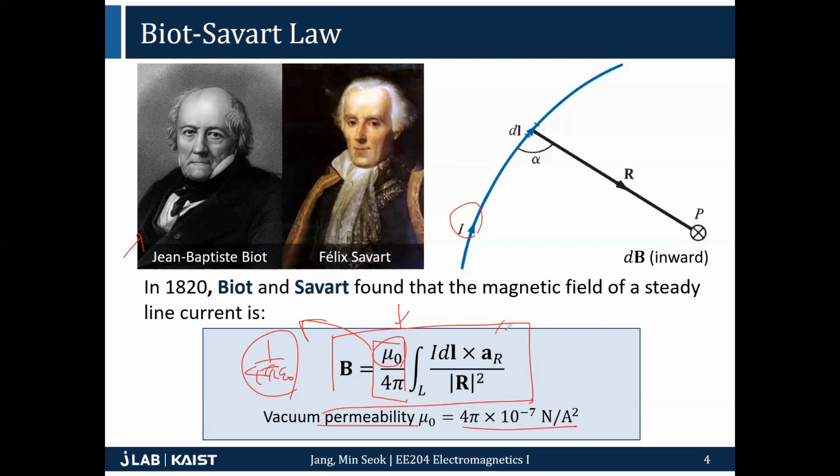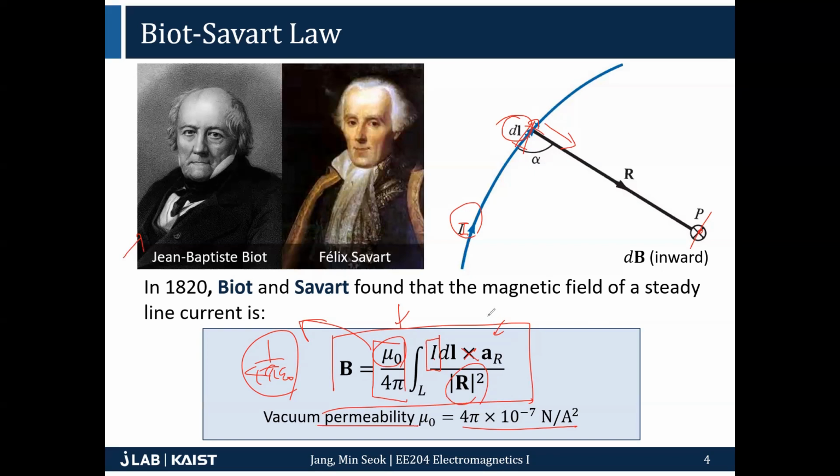If you look at the equation, the magnetic field is proportional to the current amount, and dl is how the current flows, like a vector segment, cross a_R. In this case, a_R is the unit vector from the source position to the point of interest, and R squared is the distance between the position of interest and the source position.